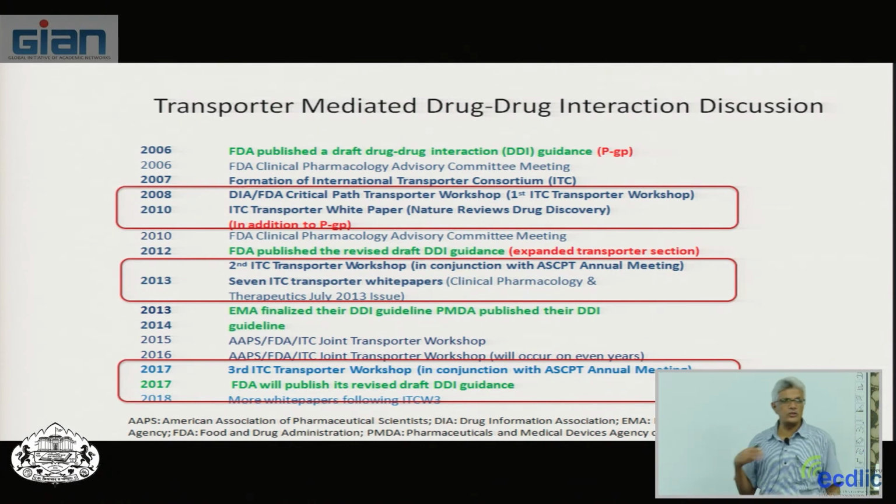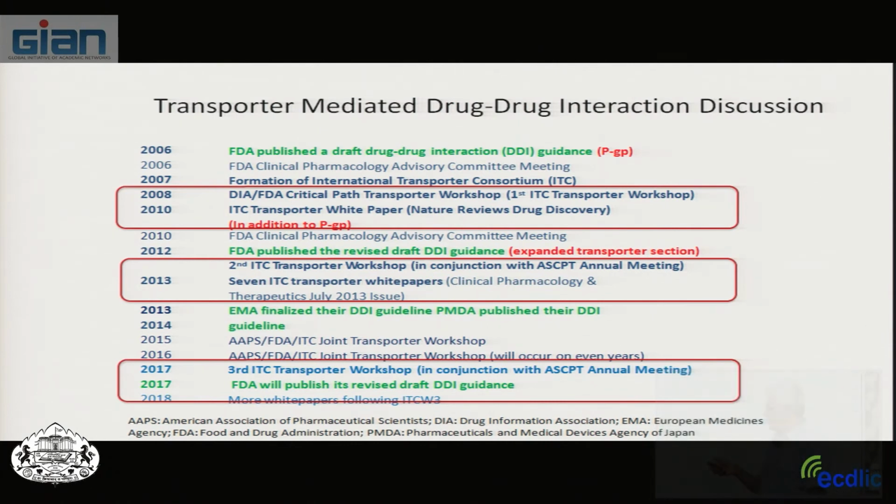This is just a chronology of how they started developing this. So FDA first published the draft drug interactions guidance in 2006, and now FDA has an independent clinical pharmacology advisory committee, which earlier they did not have.